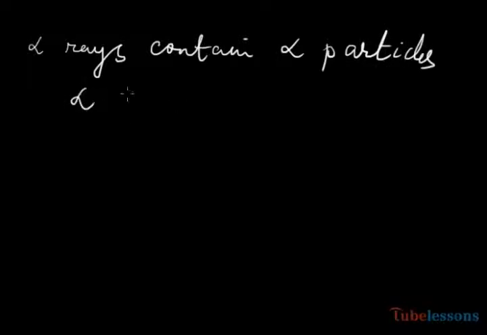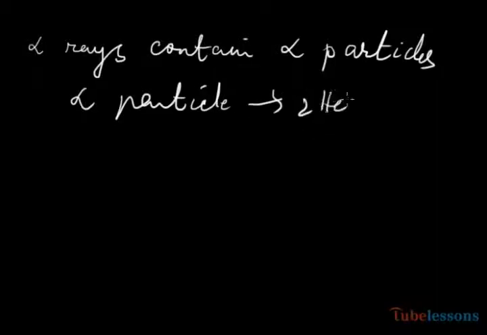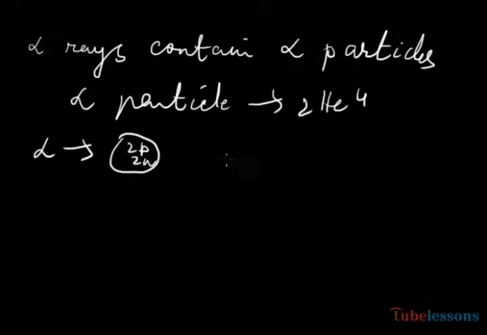An alpha particle is equivalent to a helium nucleus. In an alpha particle, there are two protons and two neutrons. So, an alpha particle contains 2 units of positive charge, that is the total charge of one proton times 2, and it has the mass of 4 times a proton or neutron.